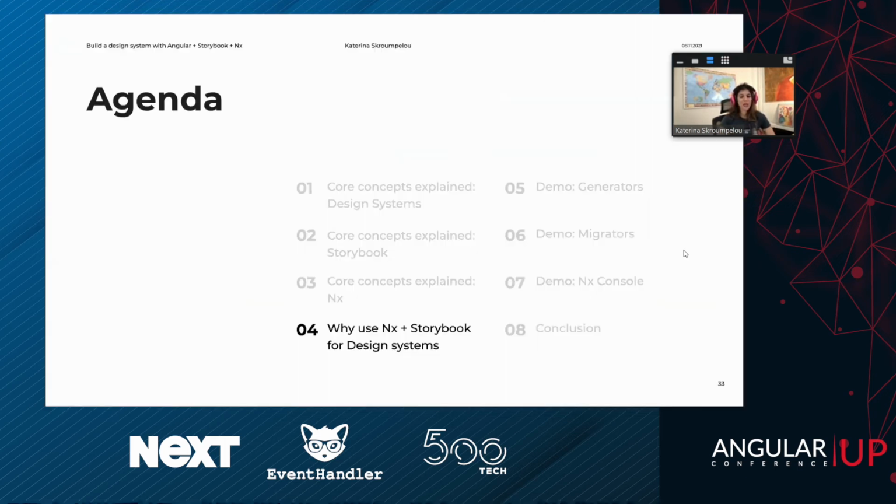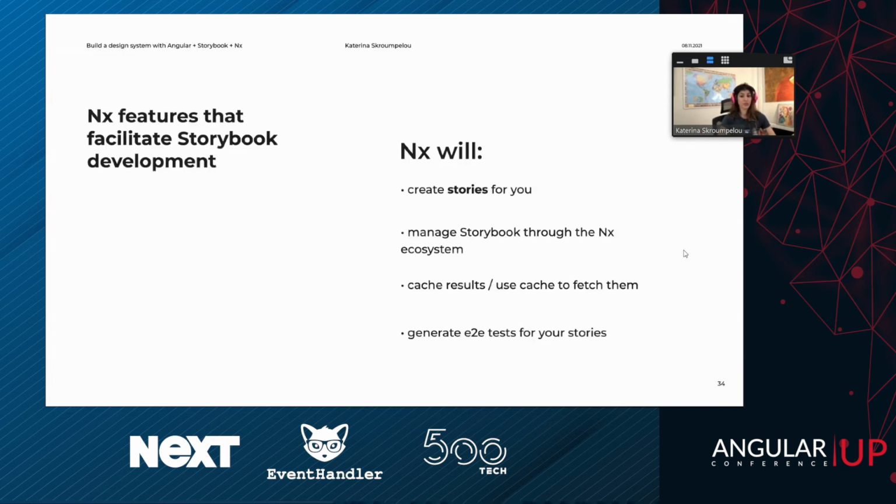So why would one use Nx and Storybook for design systems? The amazing thing about Nx is it will create stories for you. What does that mean? When we saw the My Button component, for example, for Angular, it has some inputs. So Nx will analyze your Angular component code, extract the inputs, and add them in the story.